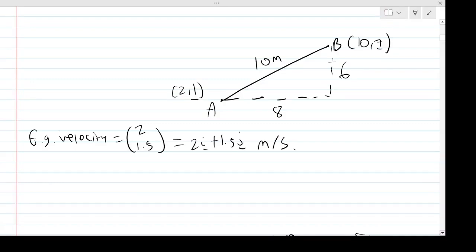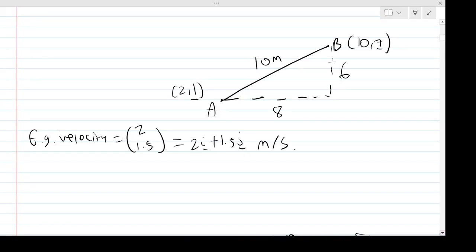So velocity is going to be the vector version of speed, which we'll see in a second.